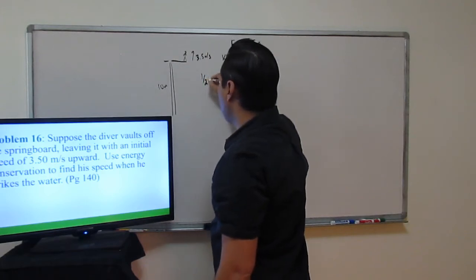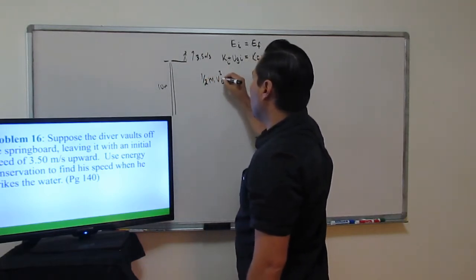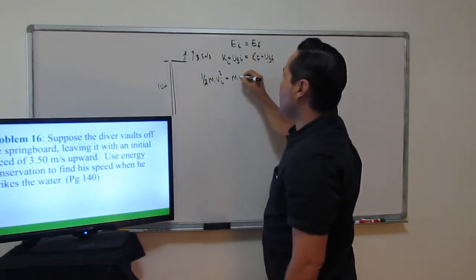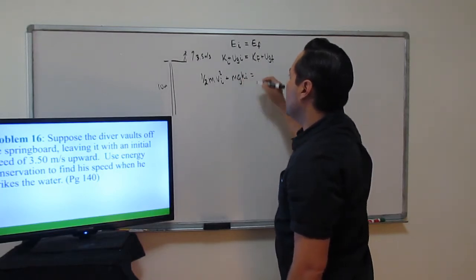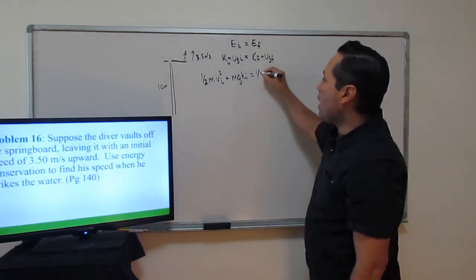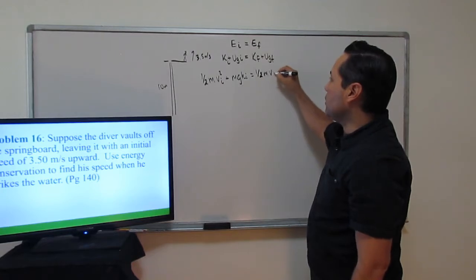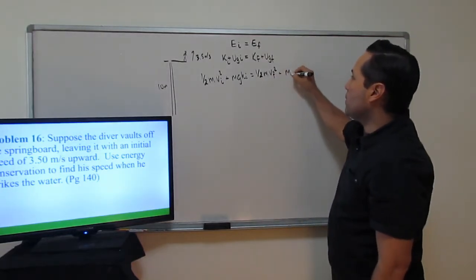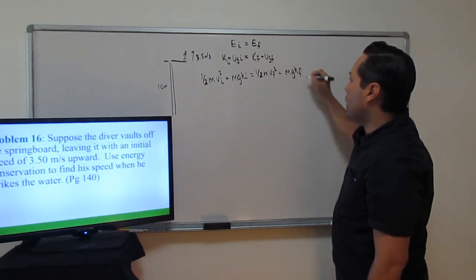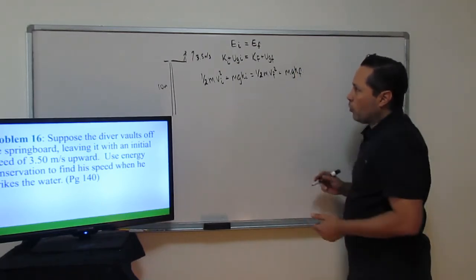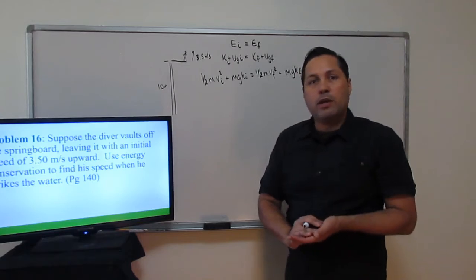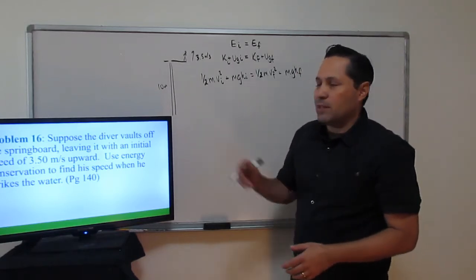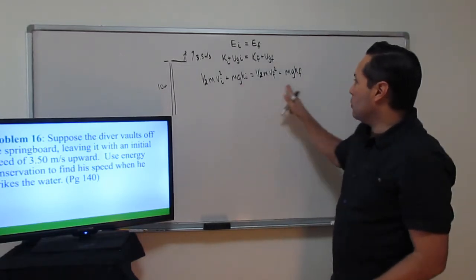So it's 1/2 mass velocity initial squared plus mass times gravity times height initial, equal to 1/2 mass times velocity final squared, which is what we're looking for, plus mass times gravity times height final. Alright, that's going to be our formula. What can we get rid of? We can get rid of the mass. Notice that the mass is irrelevant because it cancels out throughout.